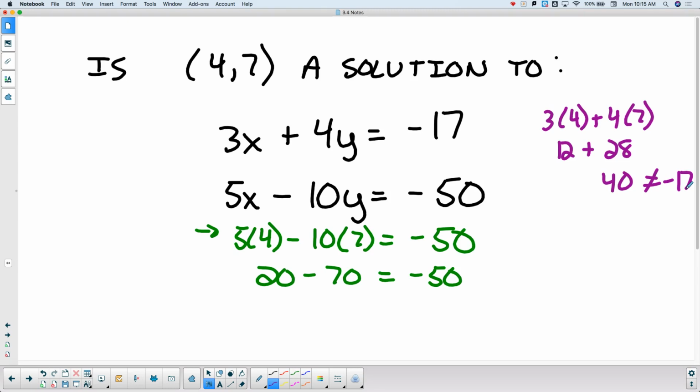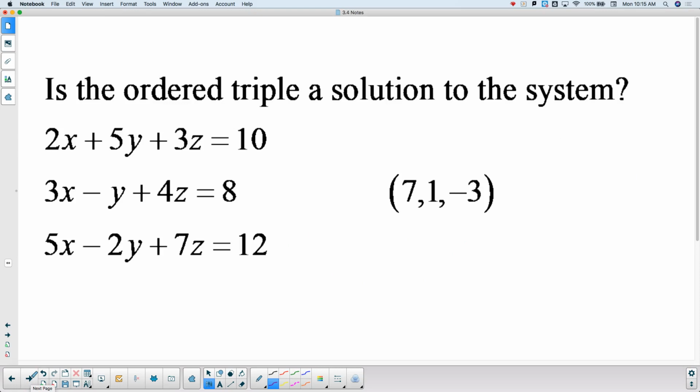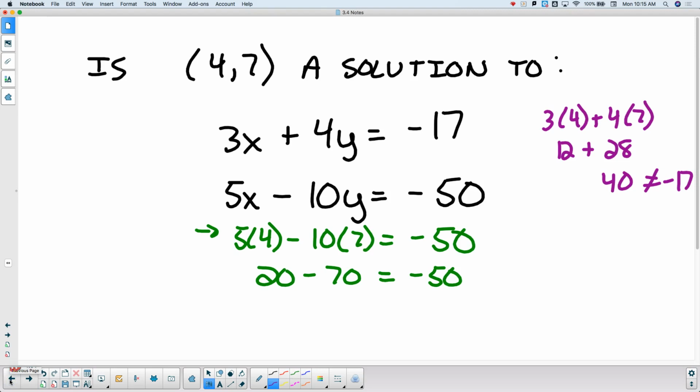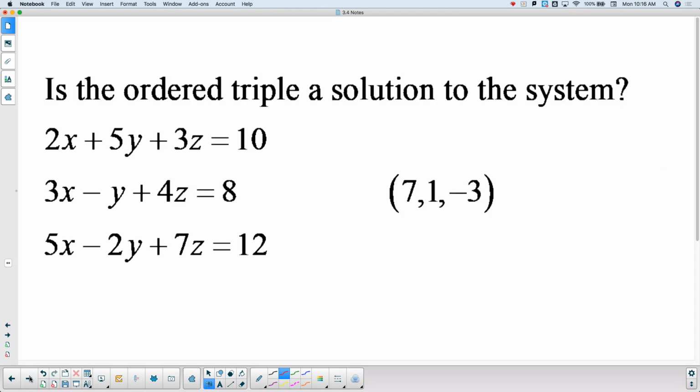Okay? Fast forward to today. Now, this is called an ordered pair. Okay? Because there's 2 numbers, and they're in a specific order. X is first, Y is second. Now, because we have 3 equations with 3 variables, now we have something called an ordered triple. So our answers today are going to be an ordered triple.